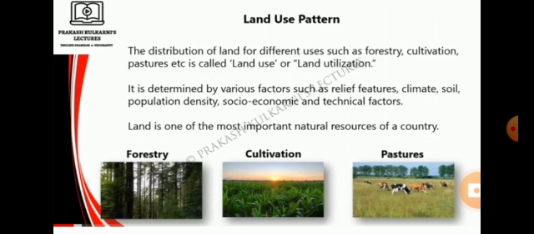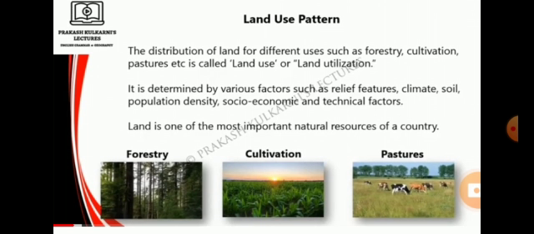Land is one of the most important natural resources of a country. Many resources come to the country from the land only. Its proper use is very essential for the growth of the economy. What about forestry, cultivation and pastures? Understood, children? Now we go on to the classification.